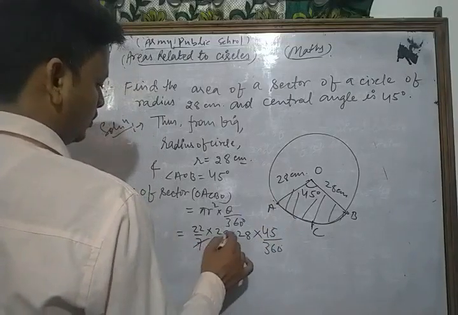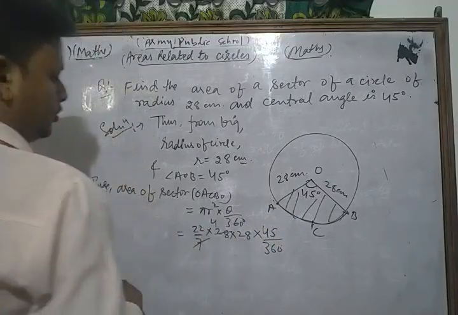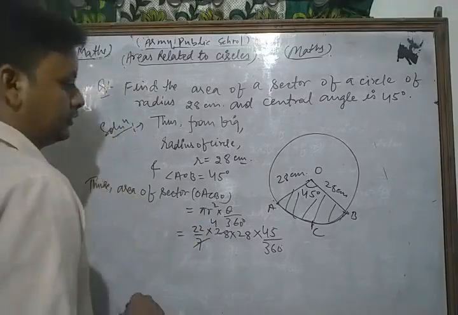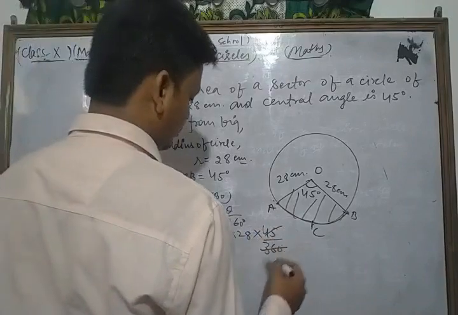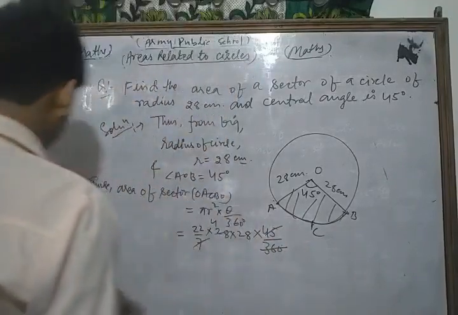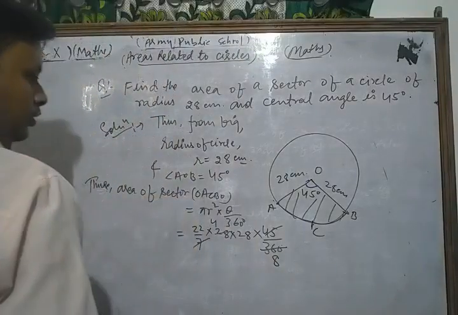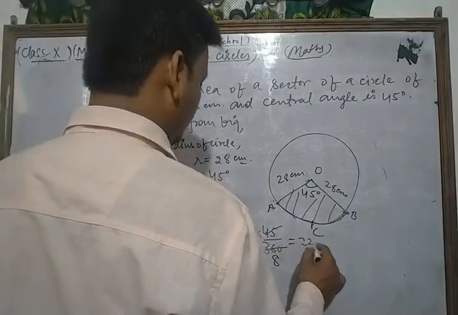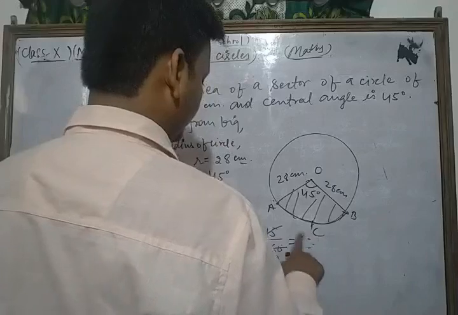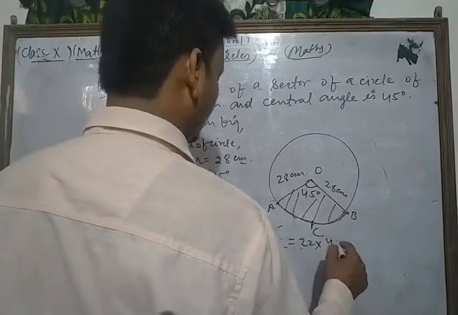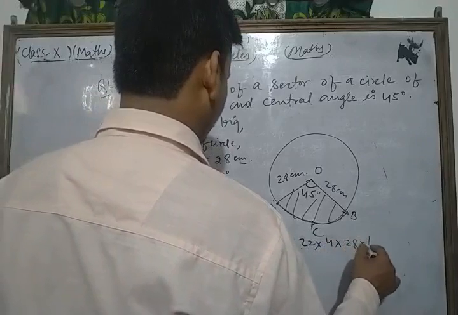Now 7 4s are 28, and here 45, 8s are. So look, we get 22 into 4 into 28 into 1 by 8.